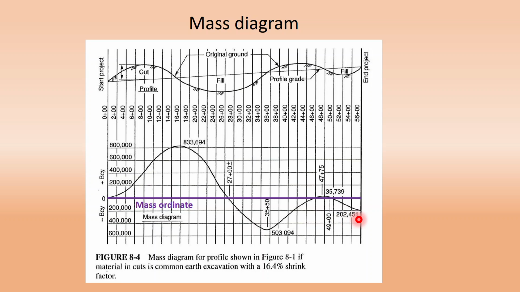We can start to use this diagram then to lay out kind of an estimating schedule and plan of attack. So we know every time we've crossed our ordinate line, our 0 line, with our mass diagram, we've balanced our earthwork account.